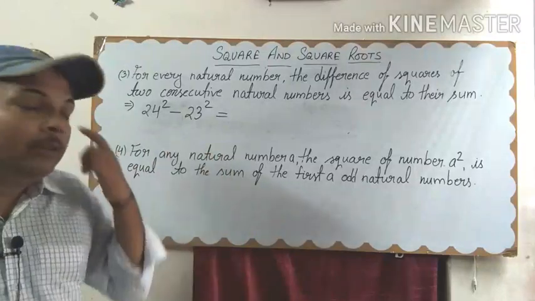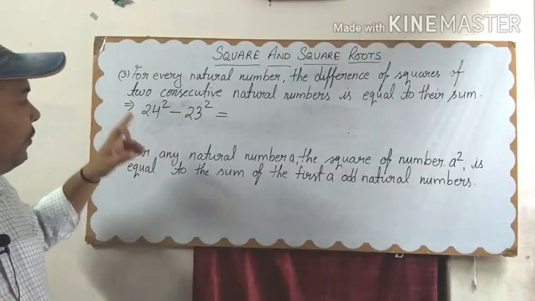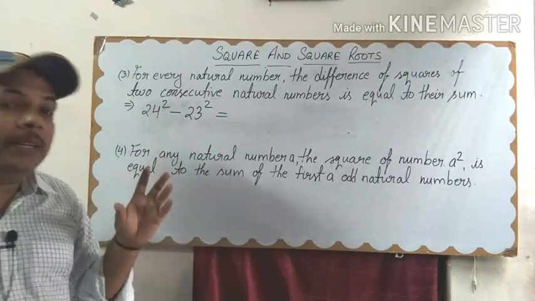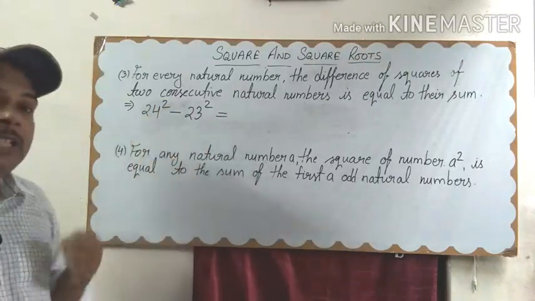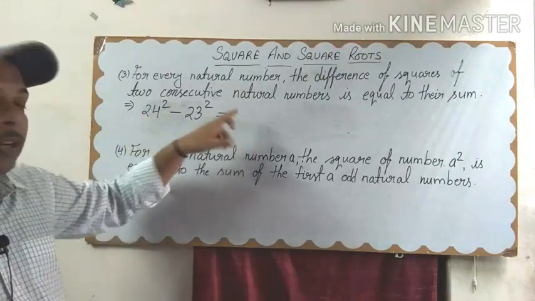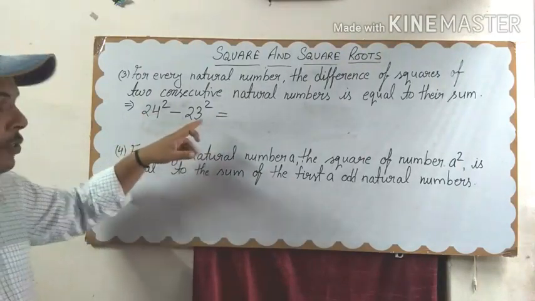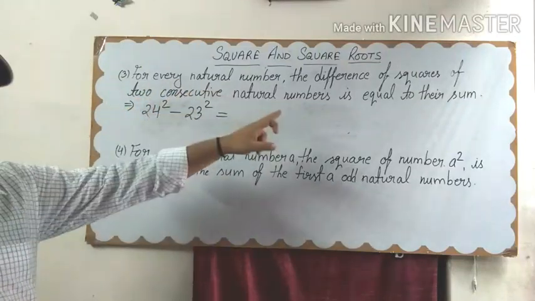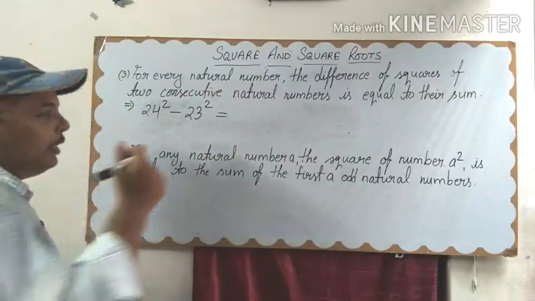If we first find the square of 24, then the square of 23, then subtract, it will take much time. But using this property you will get the answer quickly.